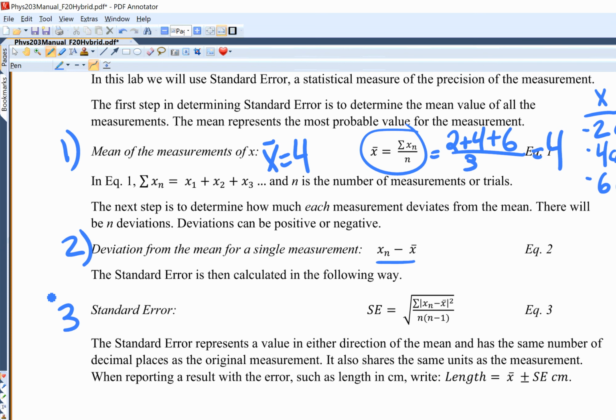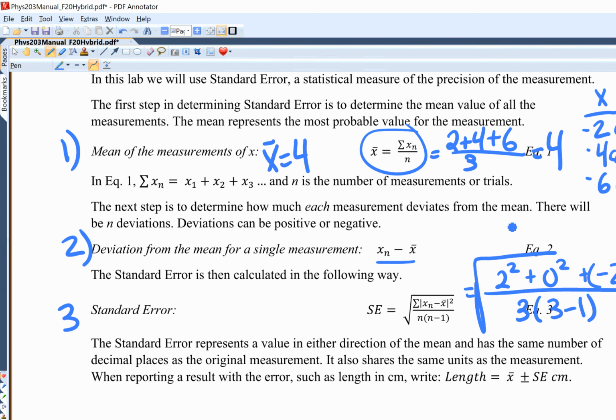But so my standard error is the sum, that's what that sigma symbol means, of the absolute value of the deviation squared. So this is going to look like this. When I do this example for these 3 measurements, it's going to be the sum: 2 squared plus 0 squared plus negative 2 squared, divided by 3 times (3 minus 1).